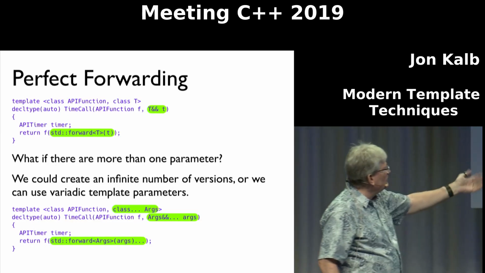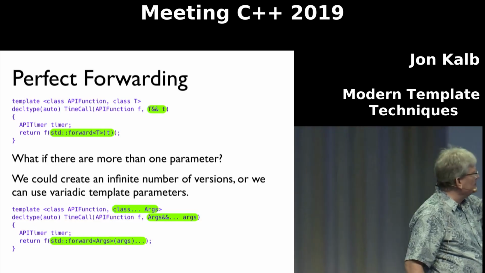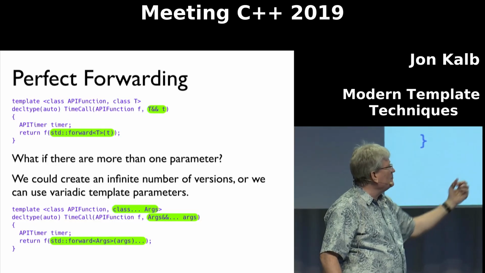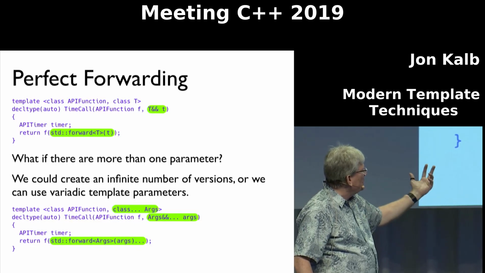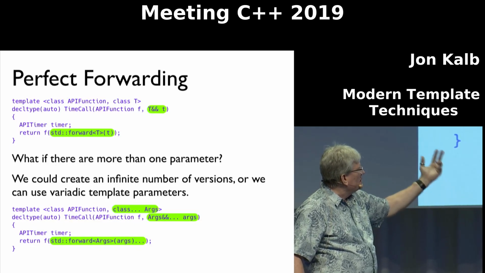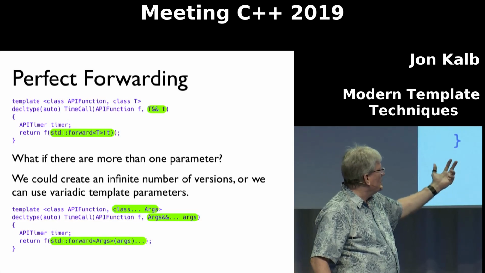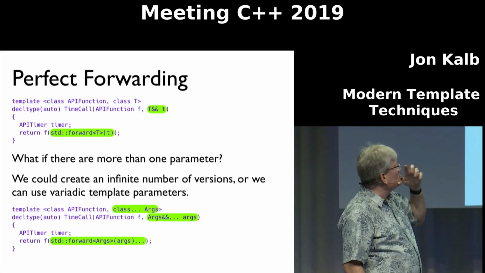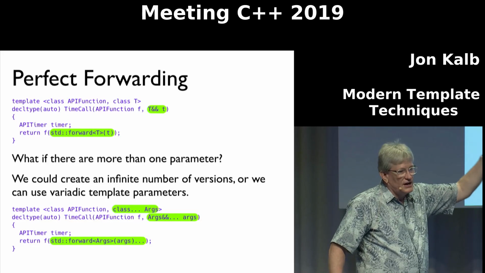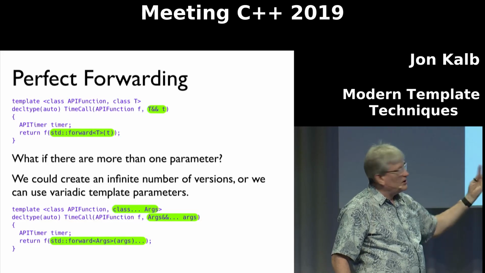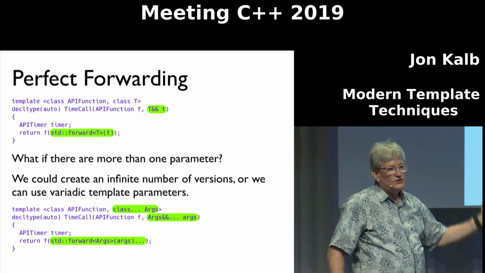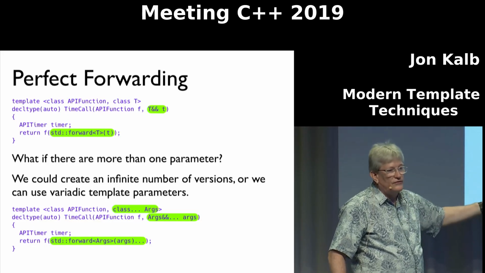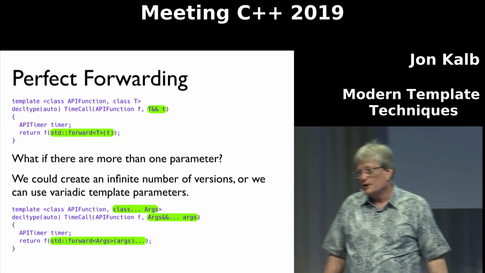And then we reverse the ... after the args that says unpack lowercase args. But again, it unpacks it intelligently, so it is doing the forwarding of each individual type with std forward. So what this means is not only do we have an arbitrary number of functions that can be of arbitrary types, but each one is individually being std forwarded. So each one is either moved or copied as is appropriate.